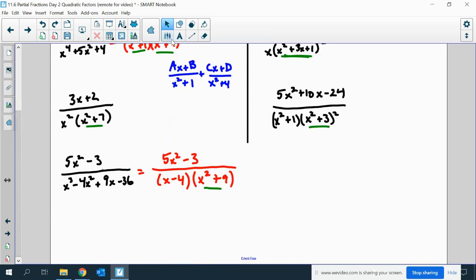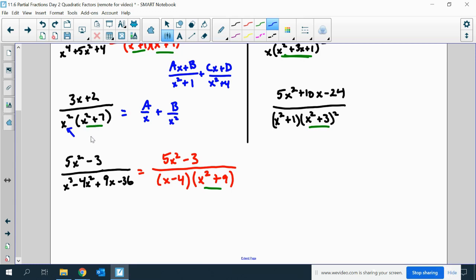Now, if I'm writing this one, notice I have this x squared. That's a repeated linear term, and I already know how to do repeated linear terms. I would have A over x plus B over x squared. Notice that this is treated as a linear term that's squared rather than a quadratic term that's not squared.